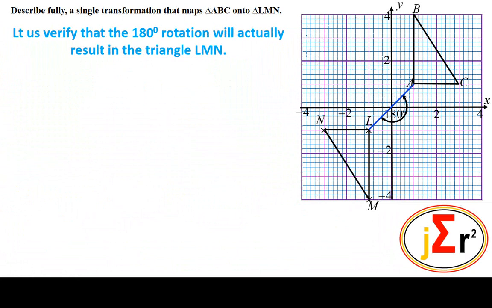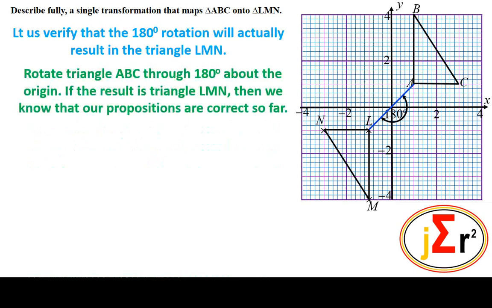So let us verify that a 180 degrees angle of rotation will take triangle ABC all the way around to its image LMN. Rotate triangle ABC through 180 degrees about the origin.